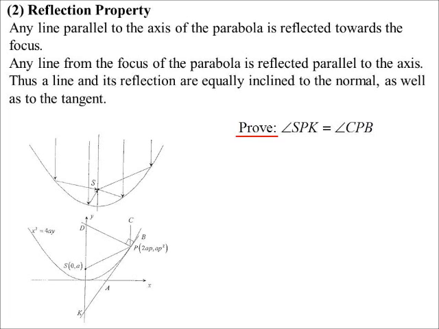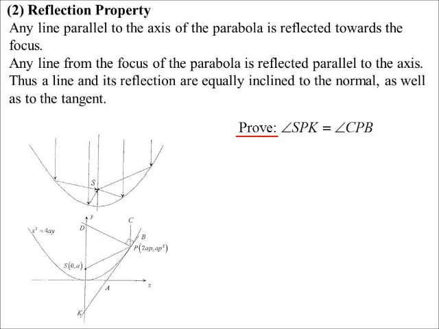Technically, it's with the normal, because thus a line and its reflection are equally inclined to the normal. So the actual theorem is DPC is equal to DPS. But if it's equally inclined to the normal, then it must be equally inclined to the tangent as well, because we know they're perpendicular. So I'm going to prove SPK is the same as CPB.